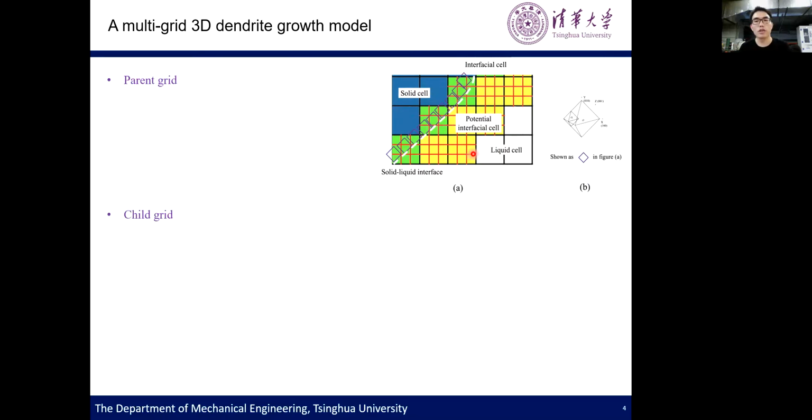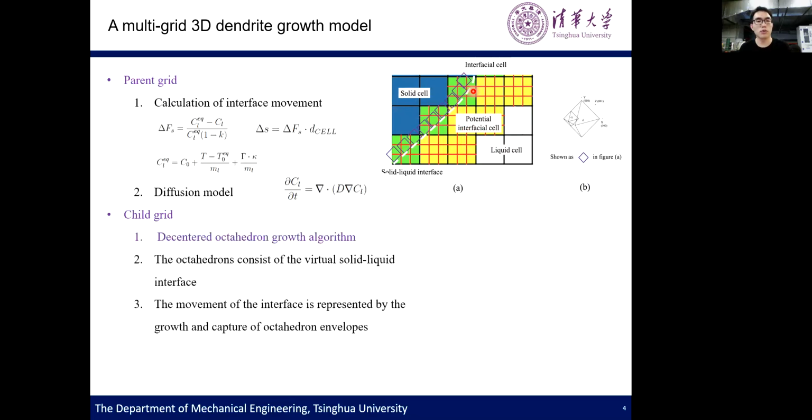And then we track the interface region and divide the cubic cells in the interface region into small cubic cells. We call it the child grid. In the parent grid, we calculate the interface movement according to the local equilibrium condition in the interfacial region, and also calculate the diffusion in the whole calculation domain.